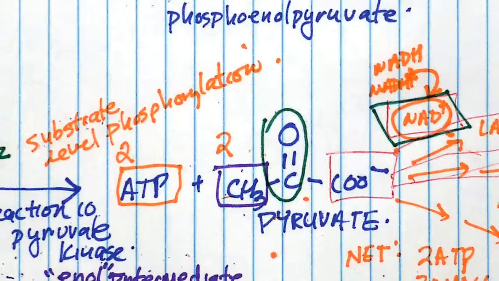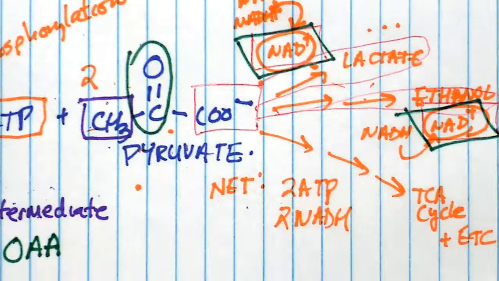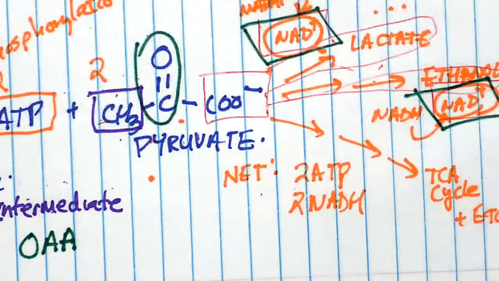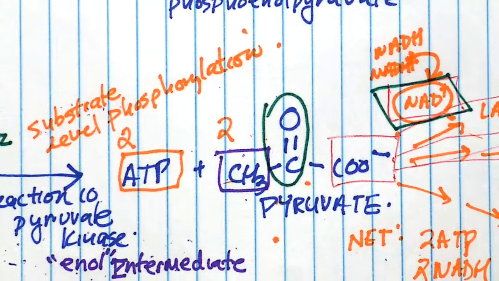The next video is on the pyruvate dehydrogenase multi-enzyme complex, which tells you the first step of how pyruvate is converted into the molecule that feeds into the TCA cycle. So this is glycolysis, one of the more fundamental metabolic pathways, with lots of themes in terms of shunting, regulation, and flux.